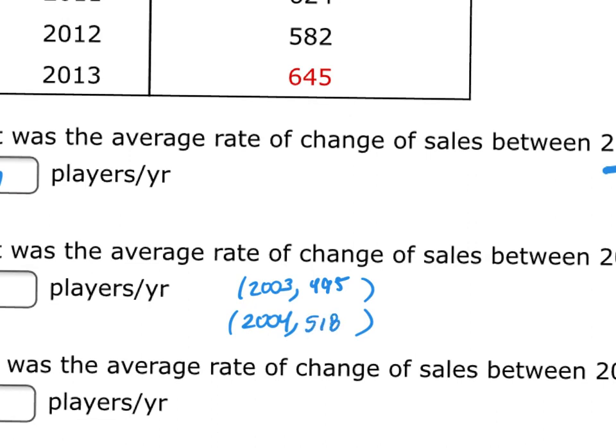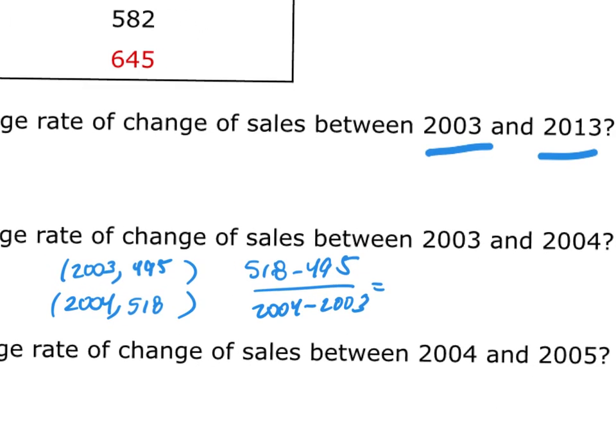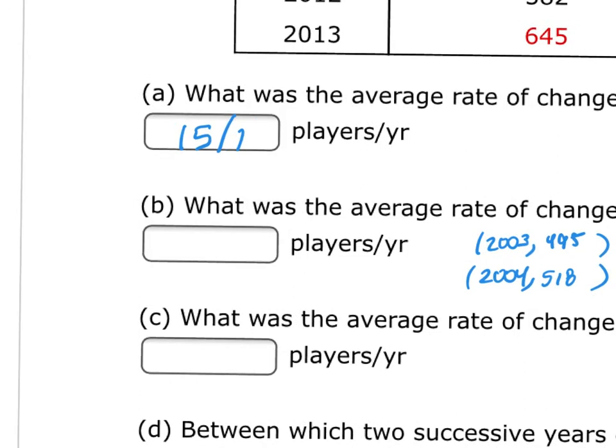So my average rate of change would be 518 minus 495 over 2004 minus 2003. What's 518 minus 495? Guys? It's 23 over 1. So this average rate of change would be 23 over 1.